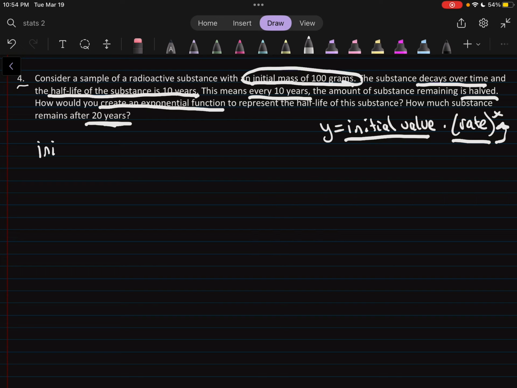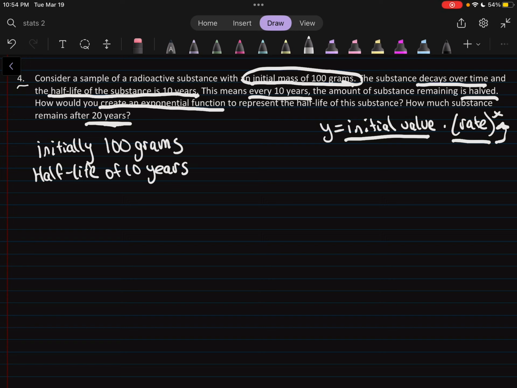So initially, there are 100 grams. And it says the substance decays over time, and the half-life of the substance is 10 years, which would mean every 10 years, the amount of substance is halved. So we can write this over here, half-life of 10 years.